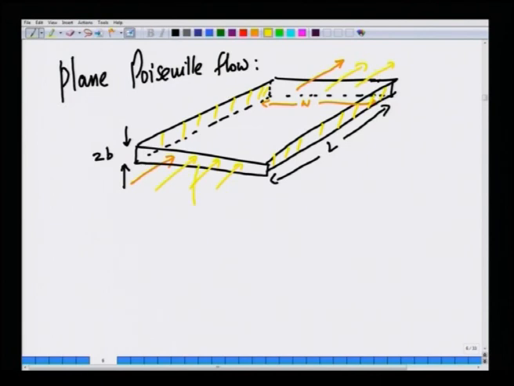The fluid is flowing because you have connected the inside and outside to a pump. There is a pressure difference across the inlet and outlet. So, you are pumping fluid, and that is the reason why fluid is flowing. So, there is a pressure drop delta P between the inlet and outlet. This is an example of what is called a pressure driven flow.